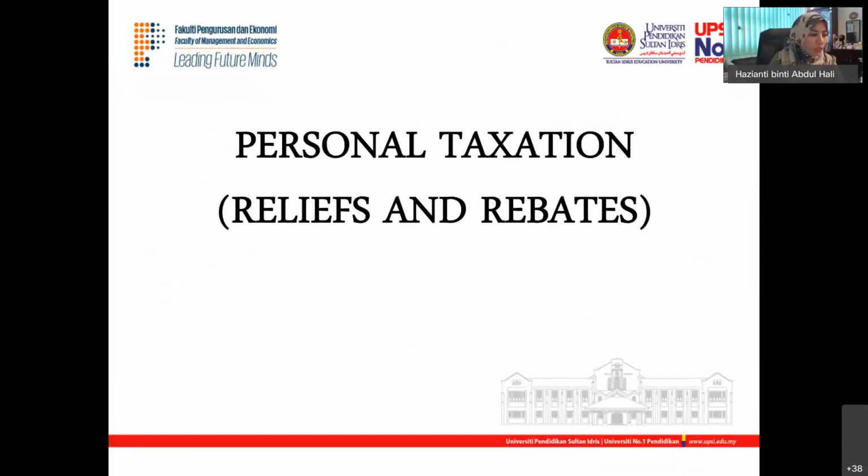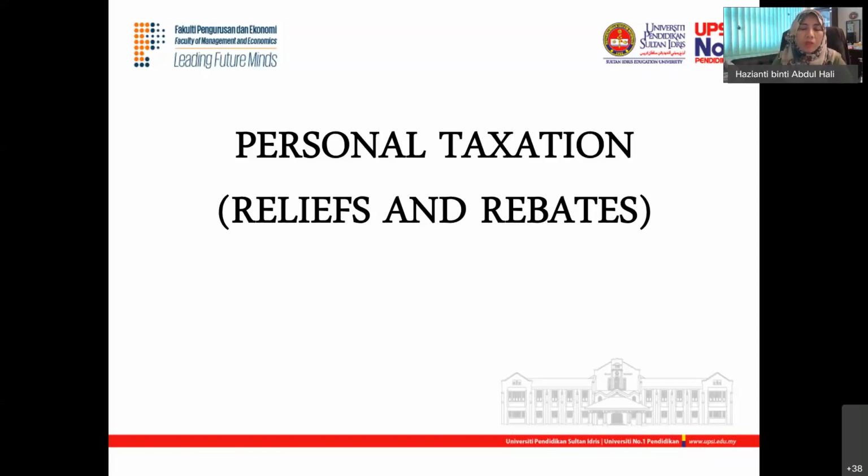Alright, so our next topic would be personal taxation, which is actually personal reliefs and also rebates. So this is a continuation, which means we have gone through section 4B, employment income, 4C, D, E and also F. F kita tak ada buat lah sebab F dia kira lain daripada A sampai ke E tu.